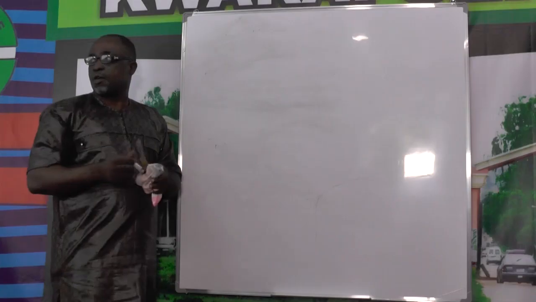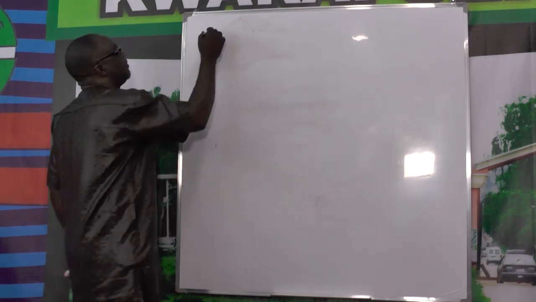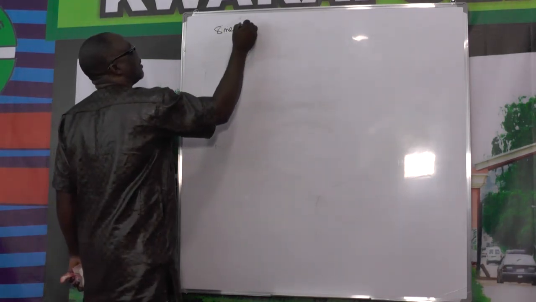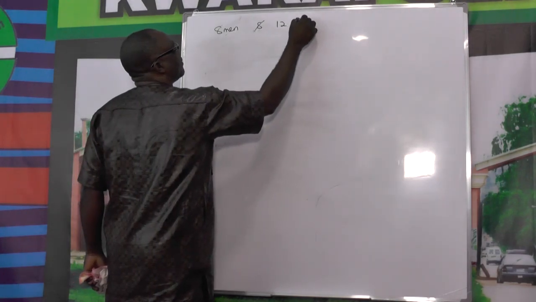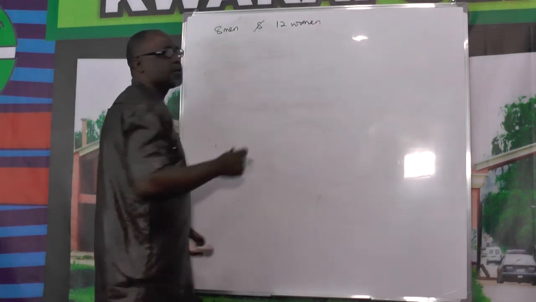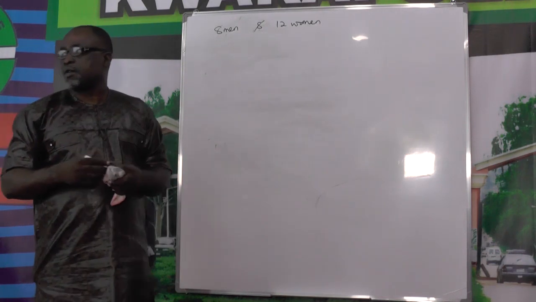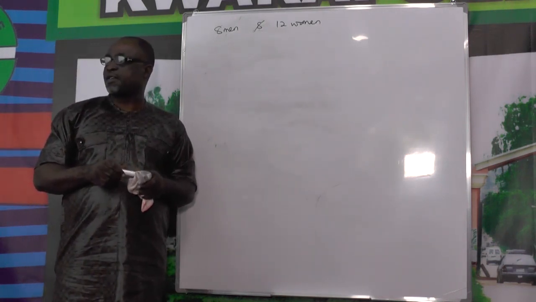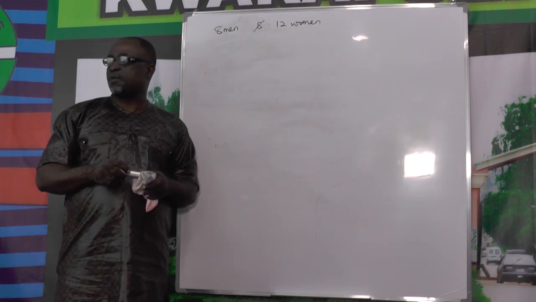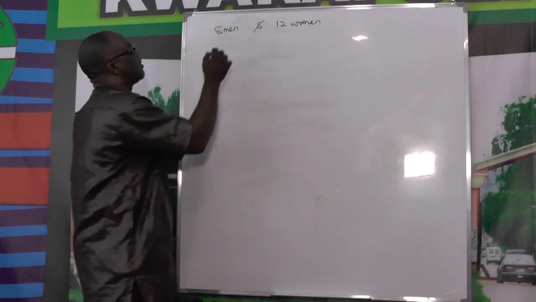8 men and 12 women can complete a certain job in 6 days. We have 8 men and we have 12 women. Yes, we are told that they can complete a certain job in 6 days.